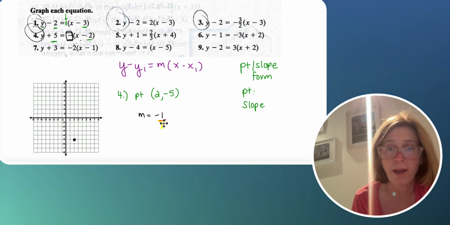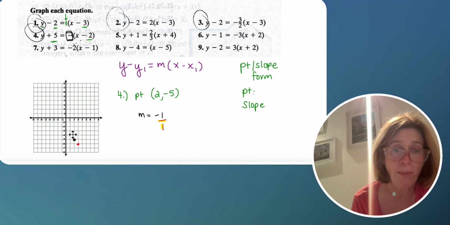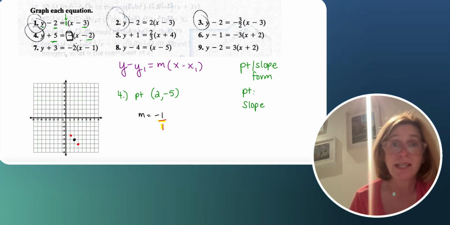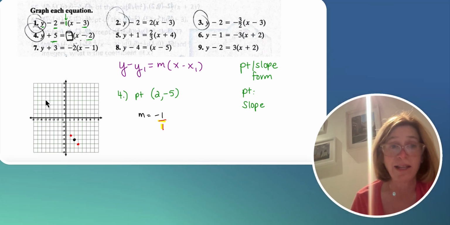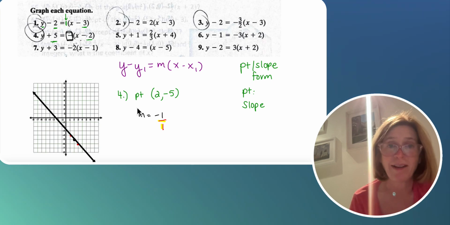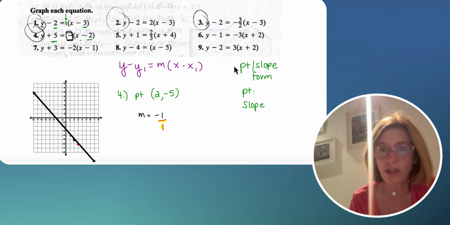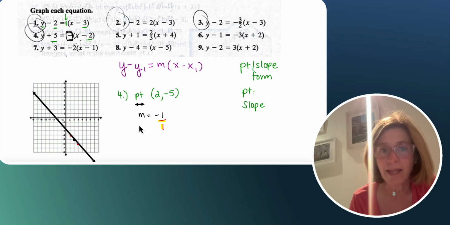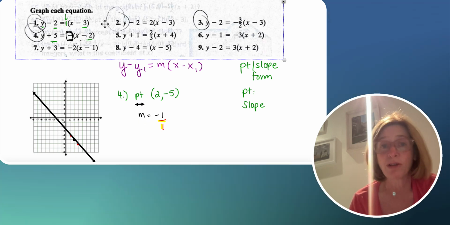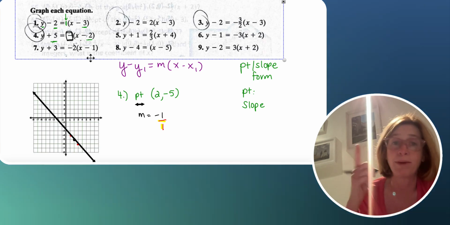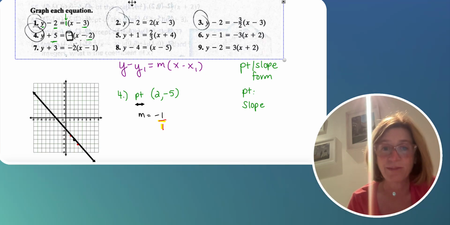Negative 1 over 1 means I go down 1 and to the right 1, or up 1 and to the left 1. The slope is negative, so the line is falling as we go from left to right. And there's my line. So when they're in point slope form, all you have to do is identify your point and your slope, then plot the point and use your slope to go either up and over or down and over.